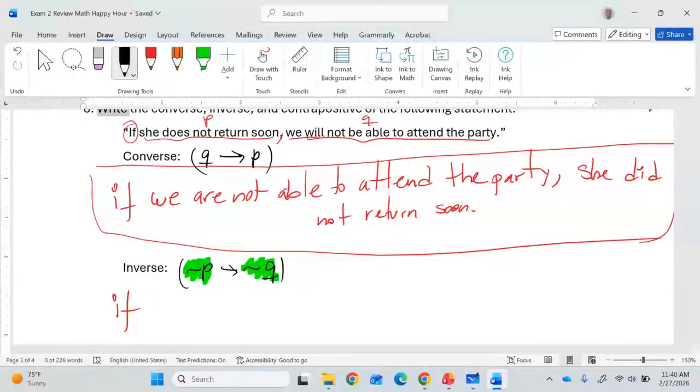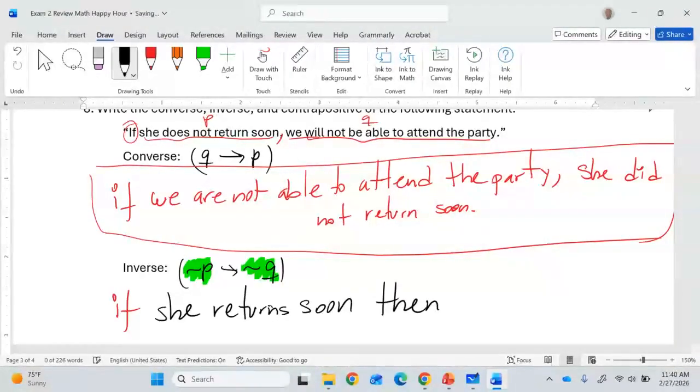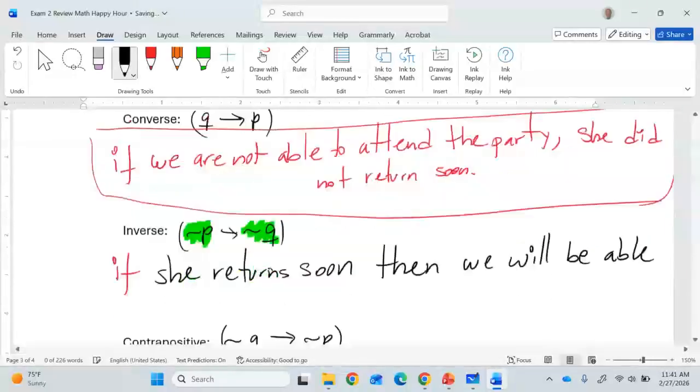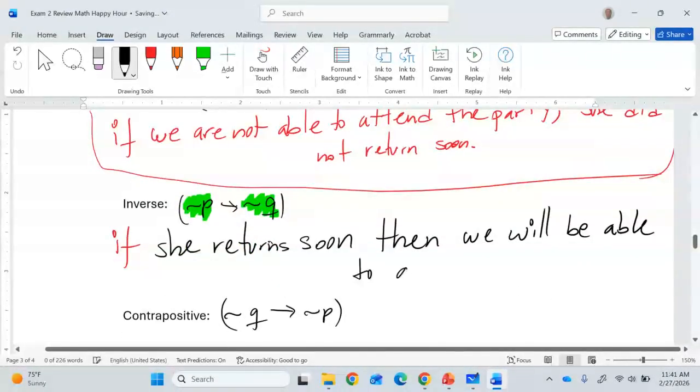So if she returns soon, then what happened? Well, the opposite of Q, we will not be able to attend the party, is we will be able to attend the party. That's the opposite. Then we will be able to attend the party.